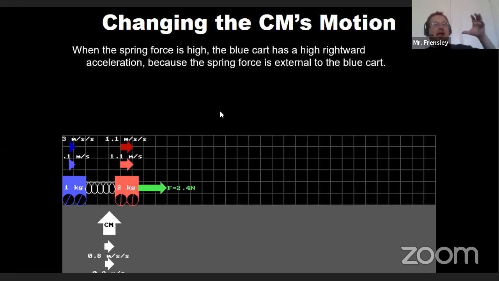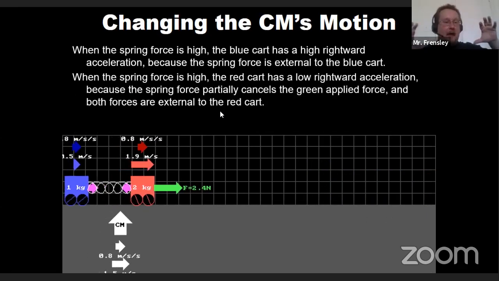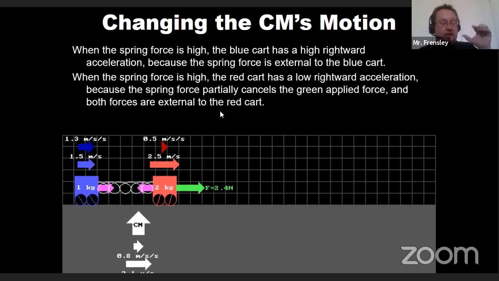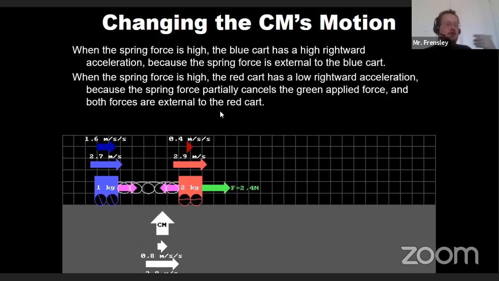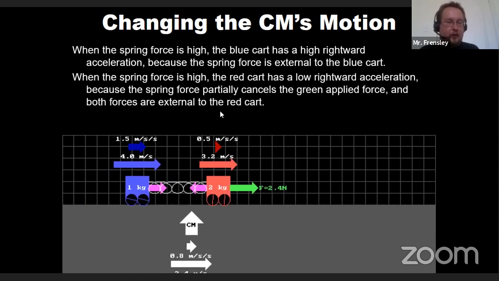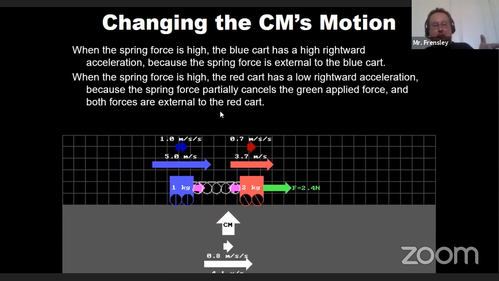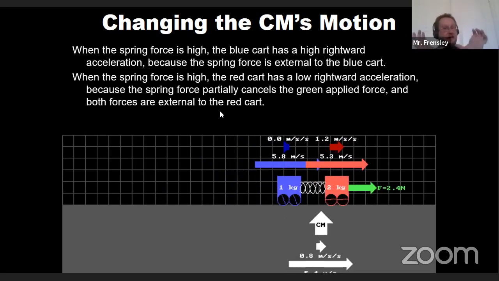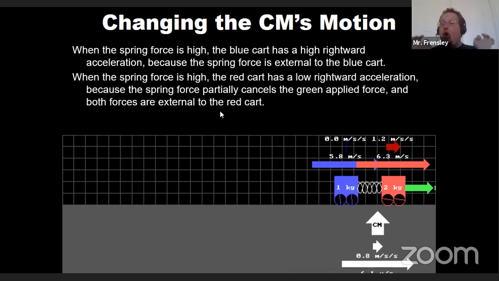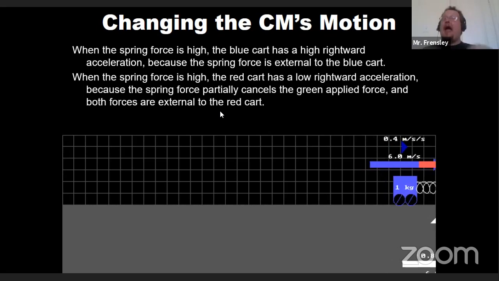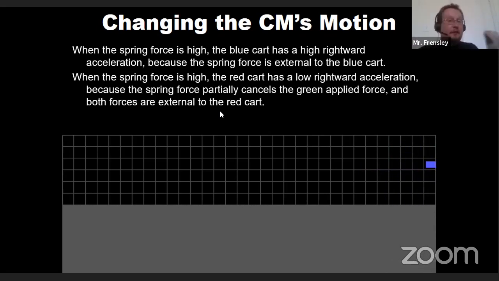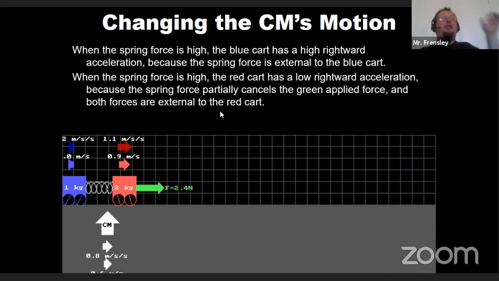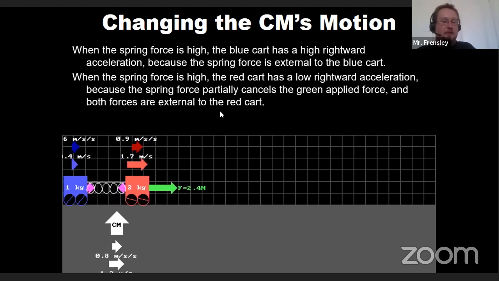However, look very carefully: if you look at just the blue cart, it has a lot of acceleration when its pink force is high. Notice I changed the system on you. Looking only at the blue as a system, the spring force is now an external force, and the blue cart's motion changes.